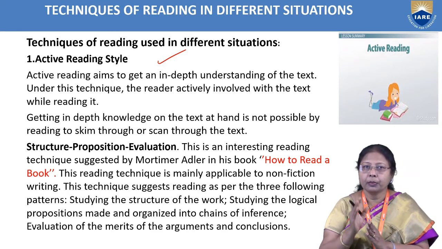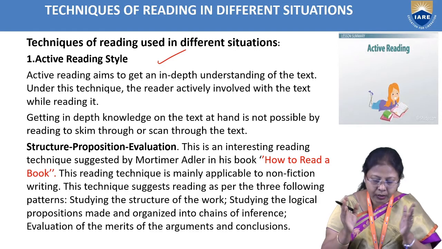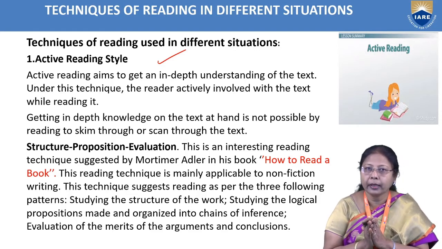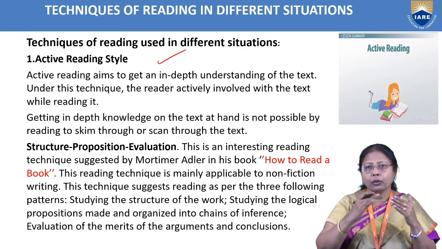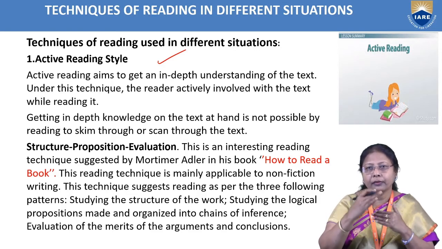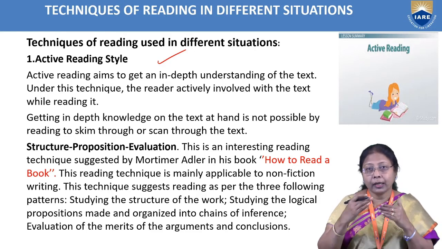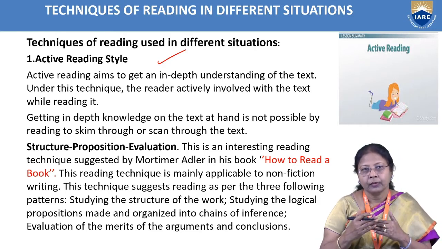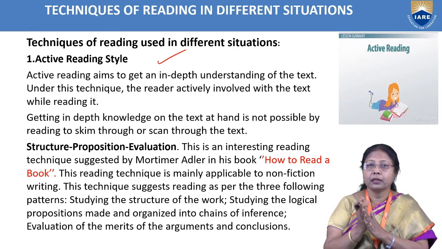And the next one is proposition, studying the logical propositions made and organized into chains of inference. Means they'll see how logically each and every theme made in the text is organized. And the last one is evaluation, the merits of the arguments and conclusions.